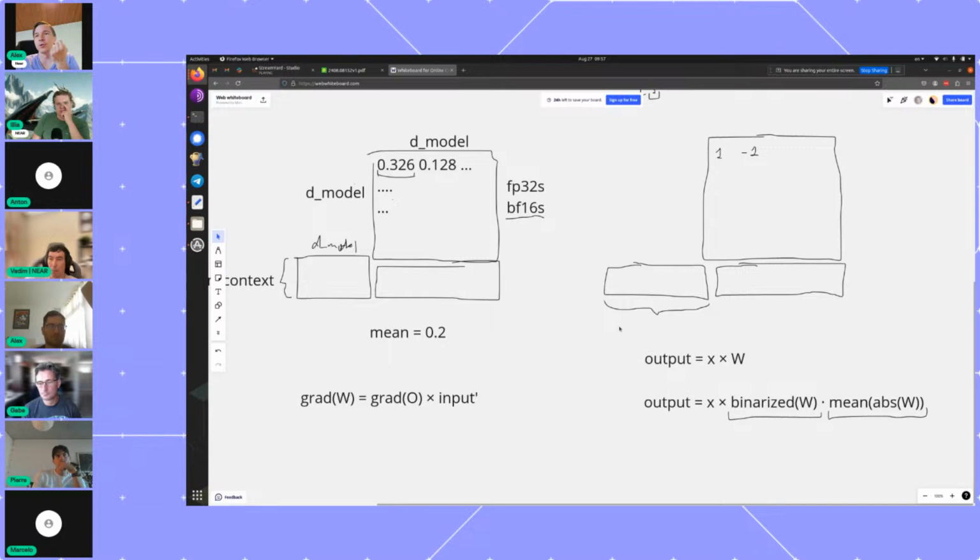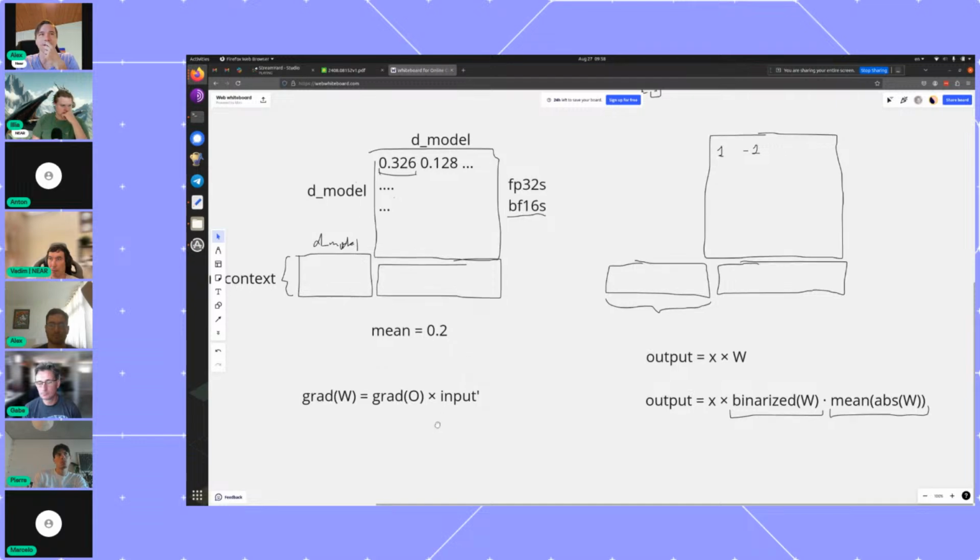And in fact, it says, hey, we're going to estimate the gradient of the weights and of the inputs as if, by replacing this non-differentiable function with this fully differentiable function, which is just a matrix multiplication.